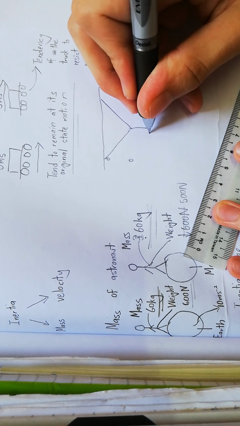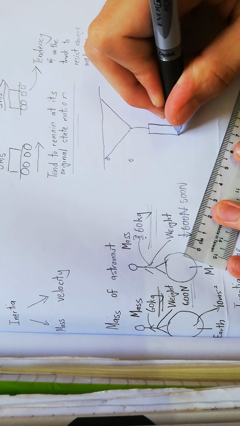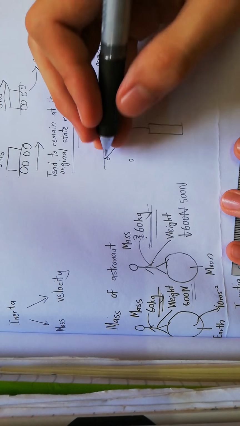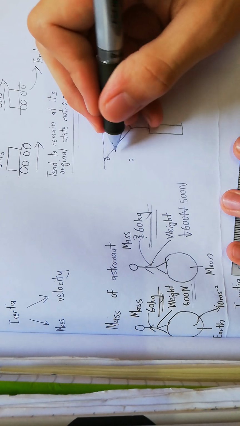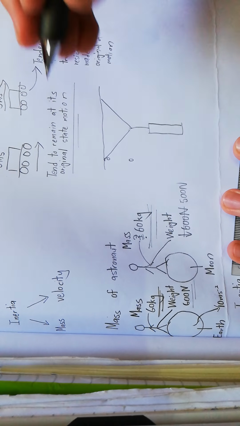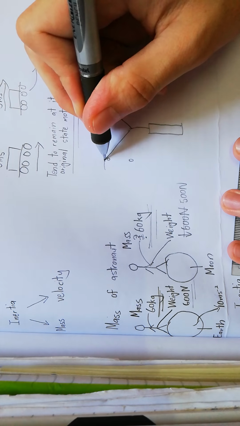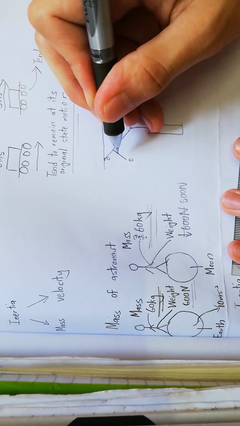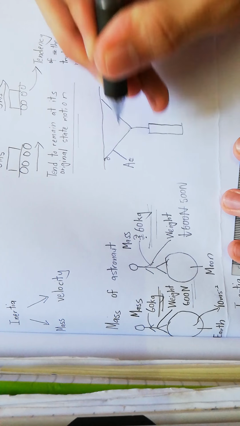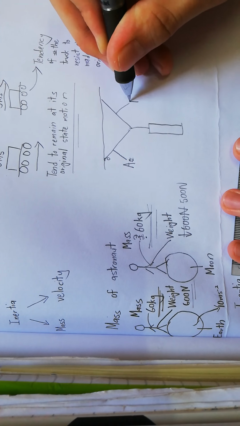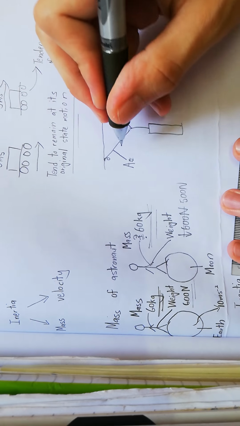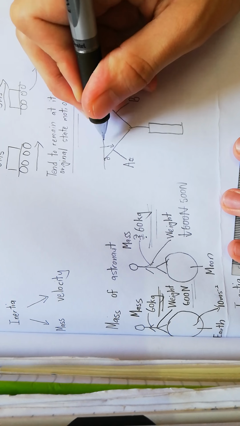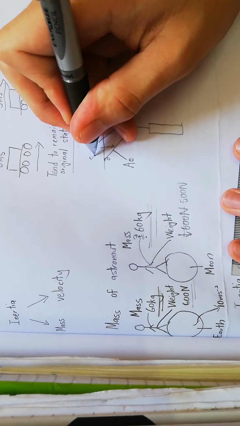When we hang something, let's say a traffic light hanging on a pole, when we hang it with two ropes, let's say rope A and rope B, the tension for these two ropes is the same.